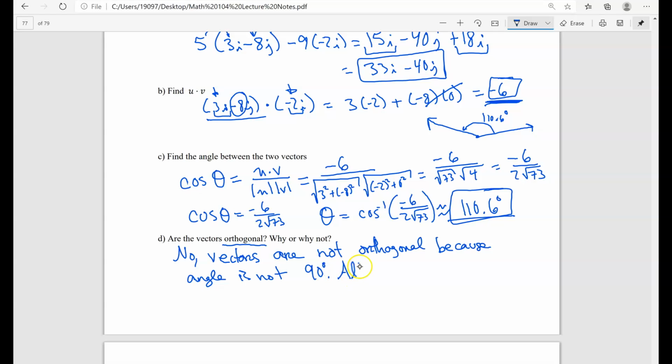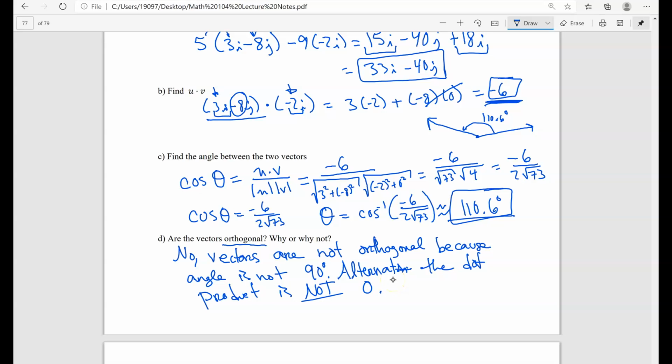And you can also say, alternatively, the dot product is not 0.